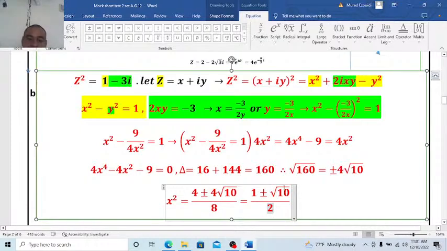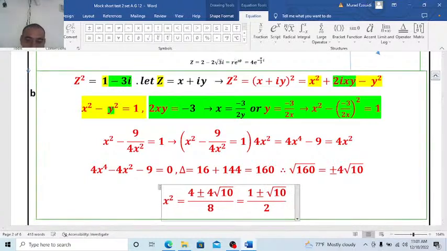So this one is the x square, but you can see that 1 minus the square root of 10 divided by 2 is negative, and x is real, so this one should be excluded.